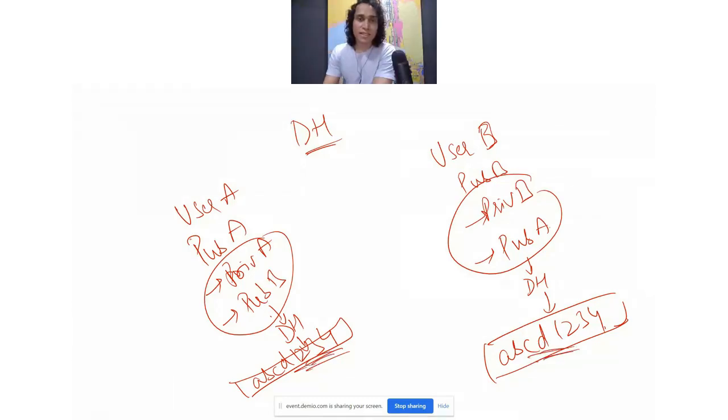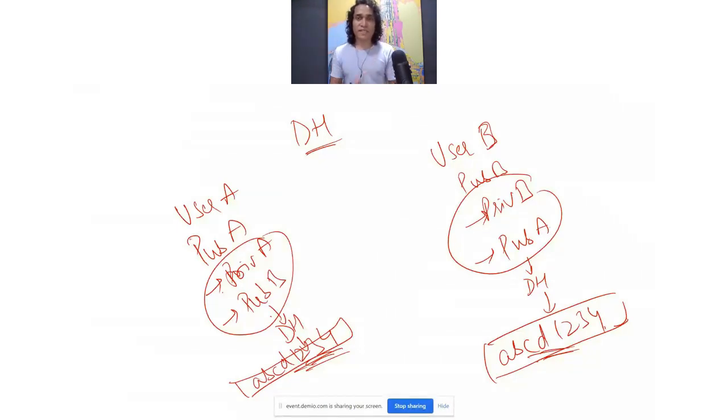And now they can use this value as the key. So what happened here is that both of them exchanged public keys of each other, and public keys can be exchanged. There is no problem with exchanging public keys. There is no risk of security, right? They did not exchange each other's private key. And then they ran the Diffie-Hellman algorithm on their own private keys and the other person's public key, and they arrived at a value, and that value was the same on both sides, right?